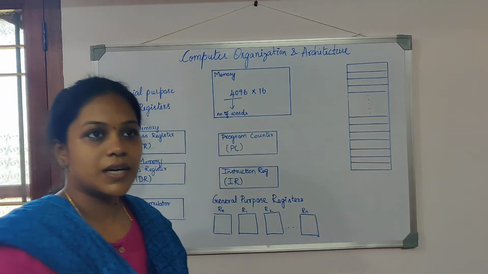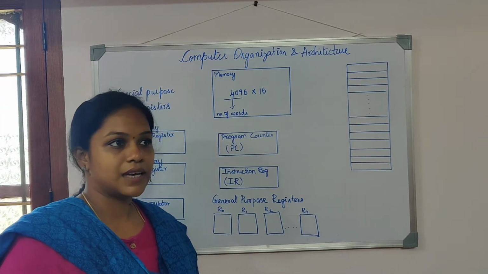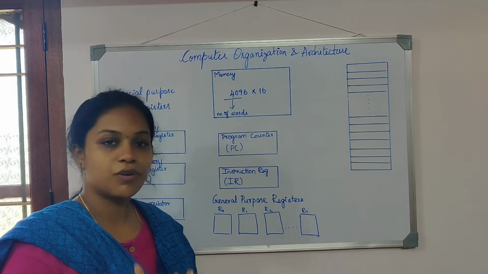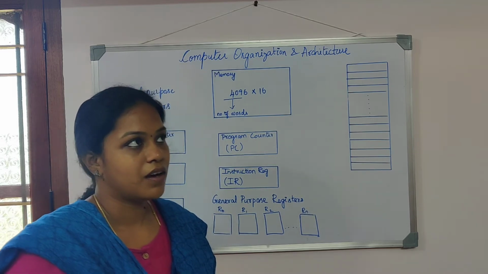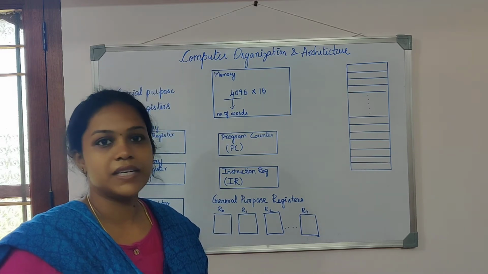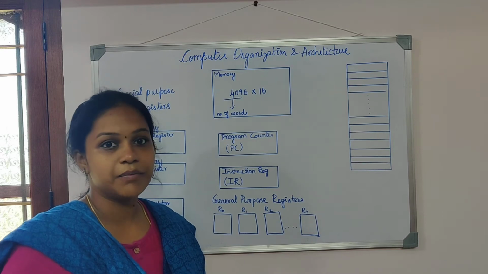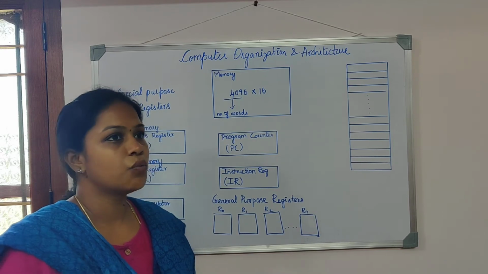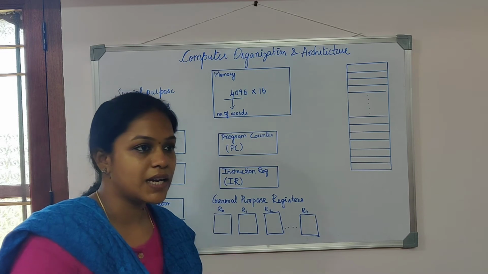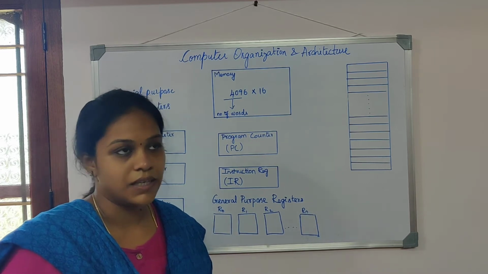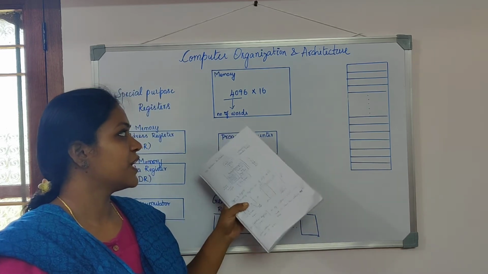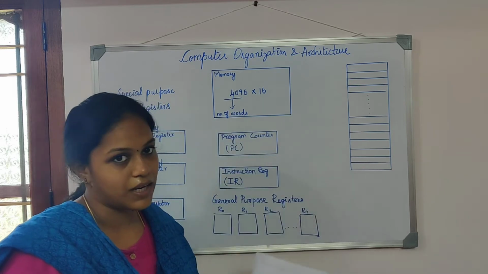So what is a word? It is a unit for measuring memory, like byte. Byte, we all know that 8 bits is called a byte. So word, based on the architecture, the size of word varies. I have taken this as a word addressable architecture.